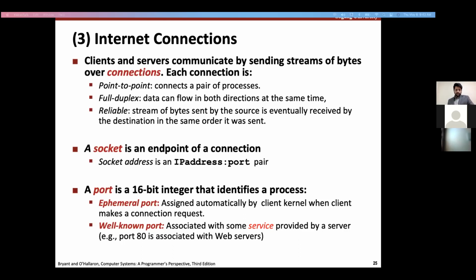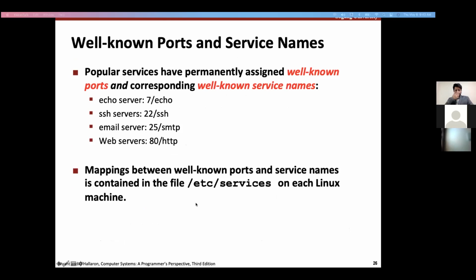And there are some well-known ports associated with services provided by a server. For example, port 80 is associated with the web server. So we have these well-known ports and service names. The popular service names have permanently assigned well-known ports and corresponding well-known service names.